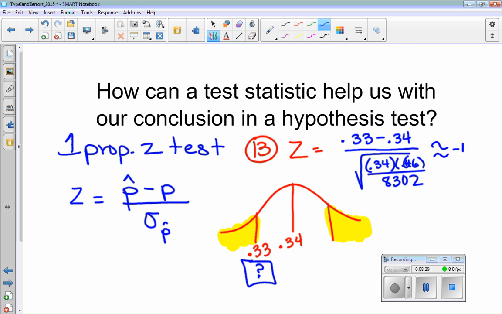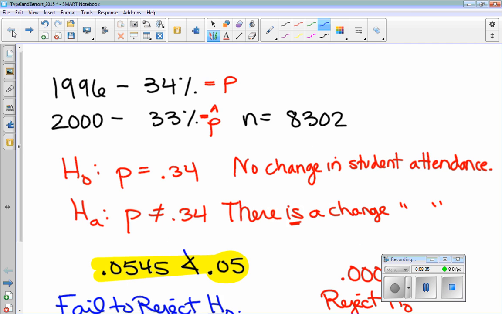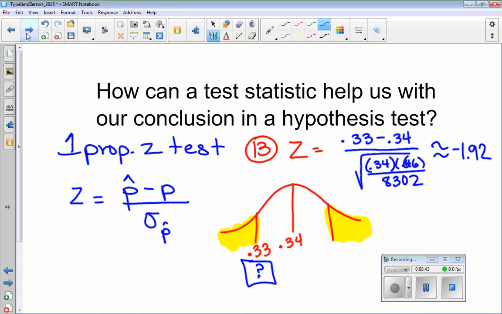Do you guys get that? When we looked at this particular problem, we compared the p-value to 0.05, the p to alpha, to draw our conclusion. My question is, how can this test statistic also help us draw a conclusion? Because it can.